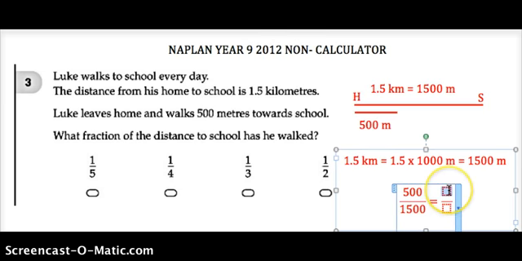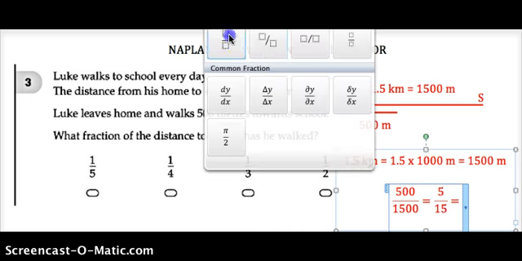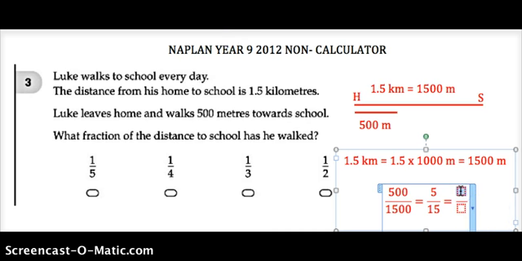So to simplify that, we can cross off 2 zeros from the numerator and the denominator, so we'll get 5 over 15. And then to simplify 5 over 15, we notice that we can divide both the numerator and the denominator by 5. So 5 divided by 5 is 1, and 15 divided by 5 is 3.